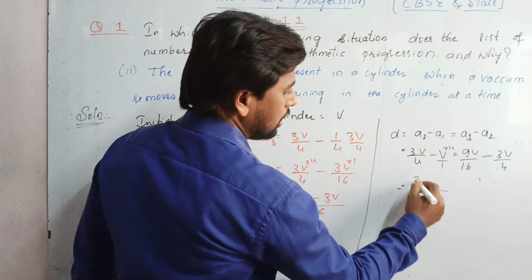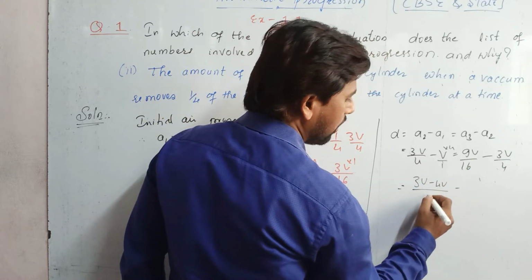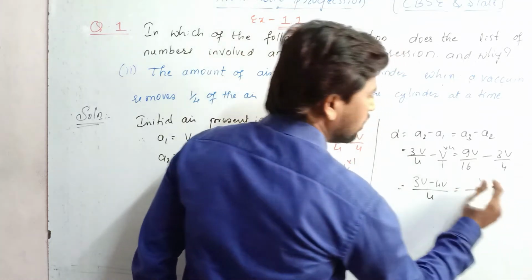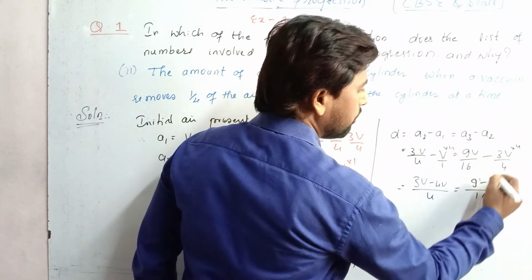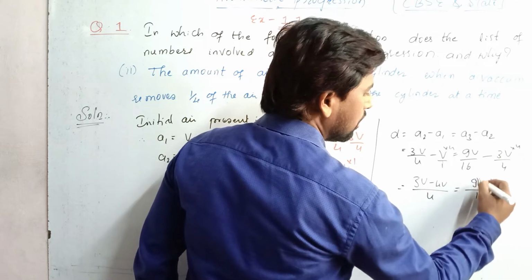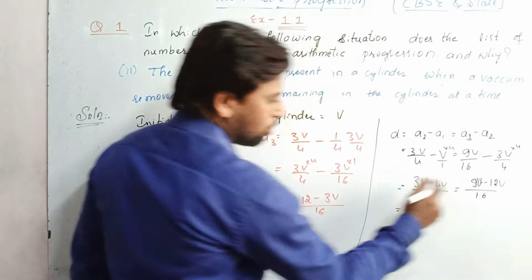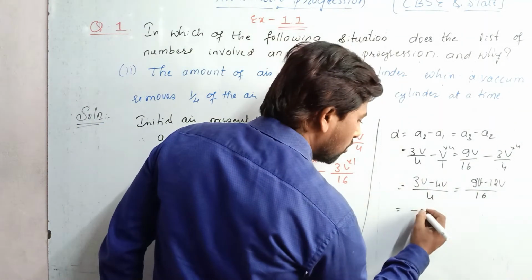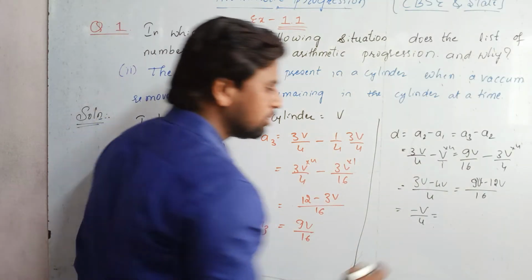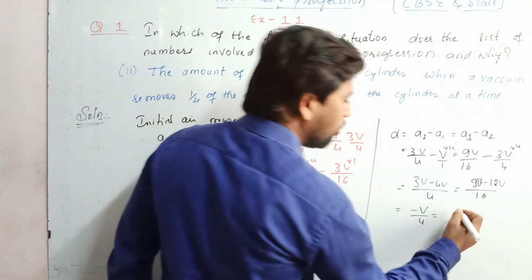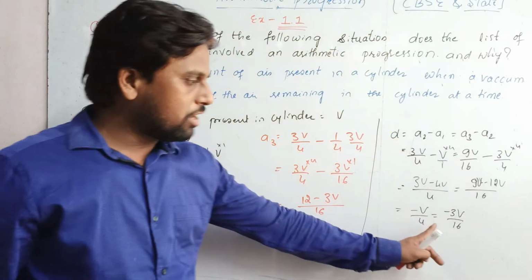So now LCM for this is 4. So 3V minus 4V divided by 4 is equal to, here what is the LCM? 16. 4 fours are 16. 9V minus 3 fours are 12V. Okay. So what is the answer for this here, students? Minus V divided by 4 is equal to 9 minus 12, it will be minus 3V divided by 16. What you can find, students, here?